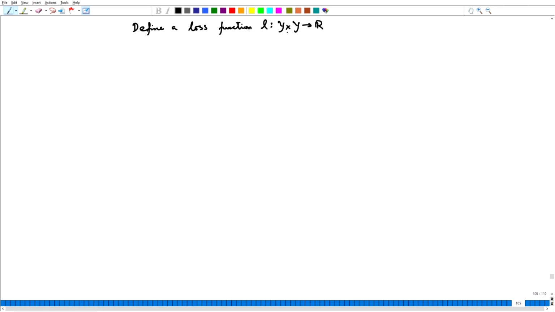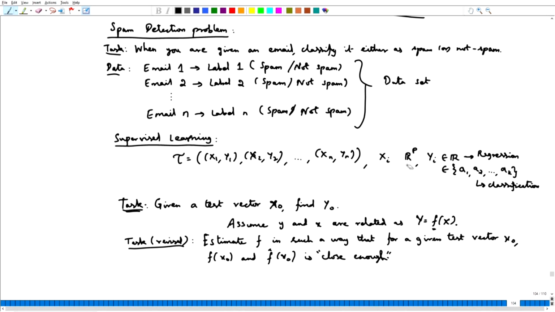A better way to write this is: xi in X, which is a subset of R^p, and yi is in some Y, which is a subset of R.